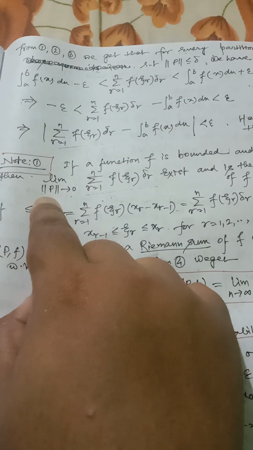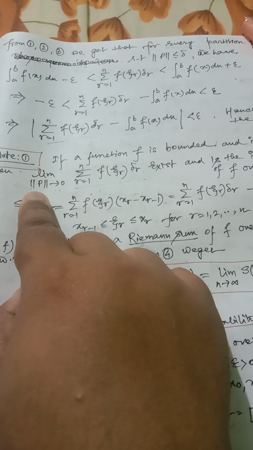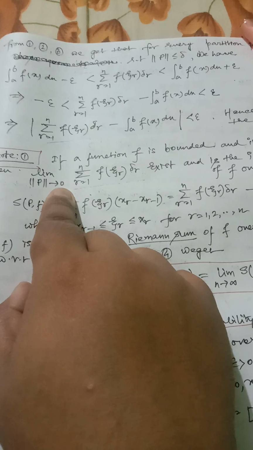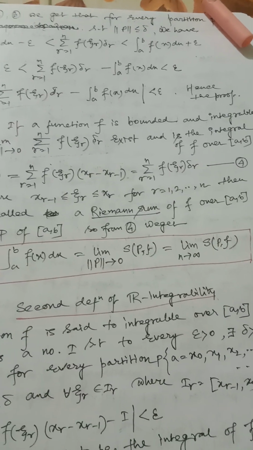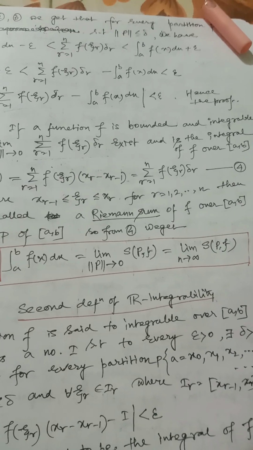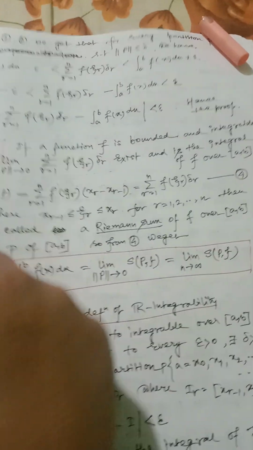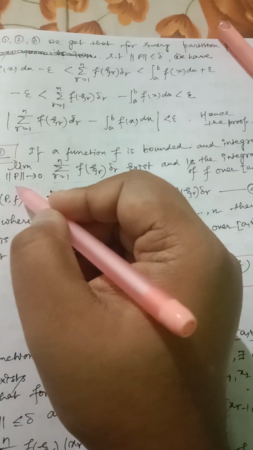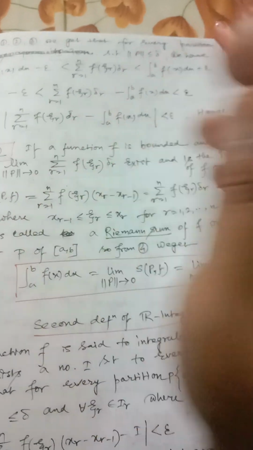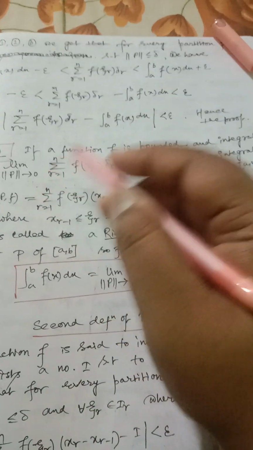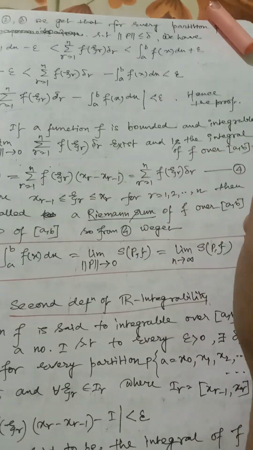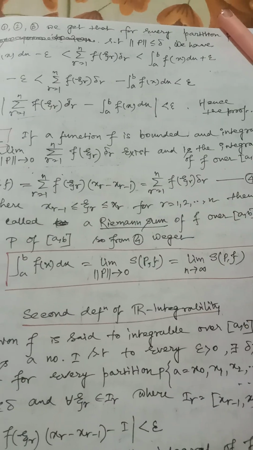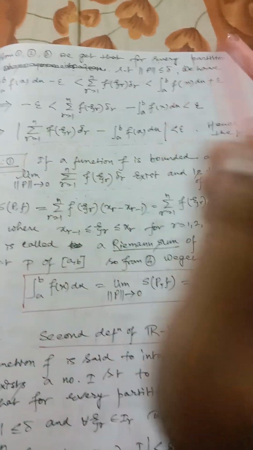So you can say norm P will be so small that it will tend towards 0. That means if you increase the number of partition points, gradually you can understand the length of each subinterval will be very small. So that's why we can say limit norm P tends to 0, which is equivalent to limit n tending to infinity, summation f of xi r delta r should exist, and it is nothing but the integral of f over a comma b, as you can see from this structure.